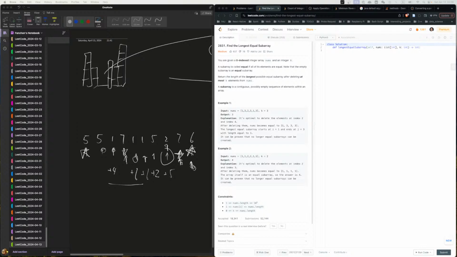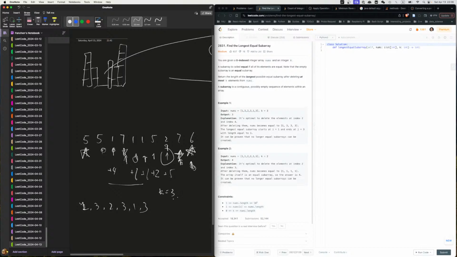So an equal subarray, if all of its elements are equal. It can be any elements, right? So if we do this, 1, 3, 2, 3, 1, 3, so k is equal to 3.